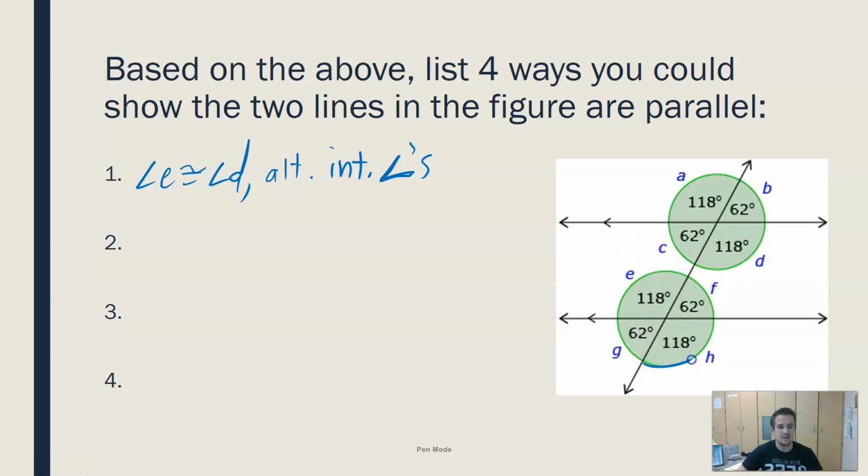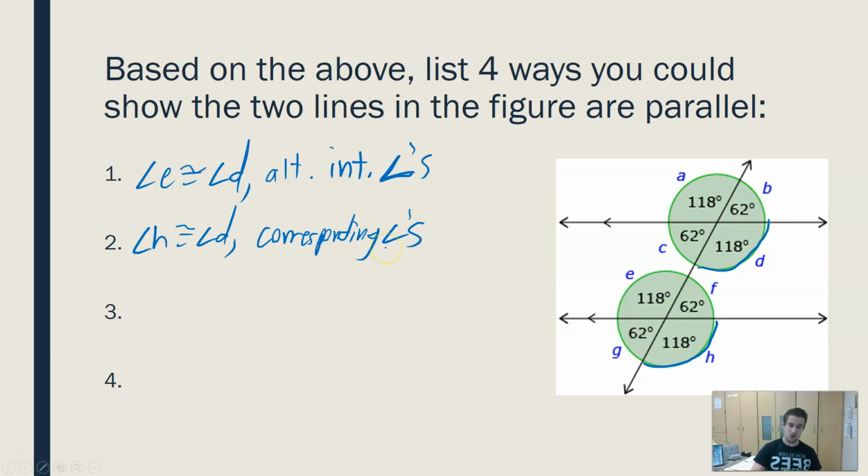I could also say angle H is congruent to angle D, and those are corresponding angles. And since those corresponding angles are congruent, that's enough to show that those two lines are parallel.